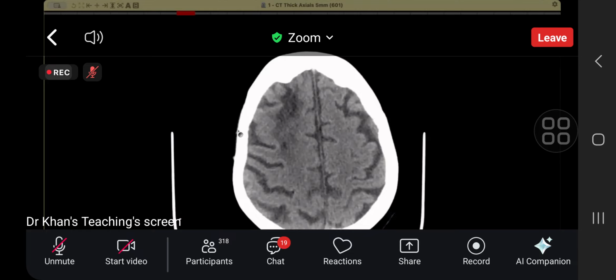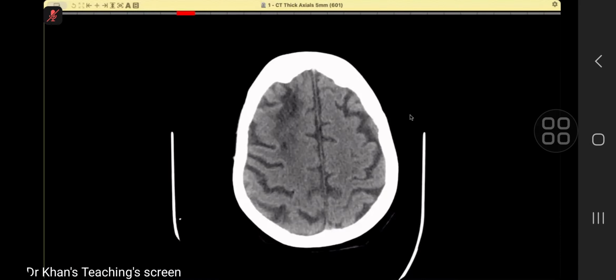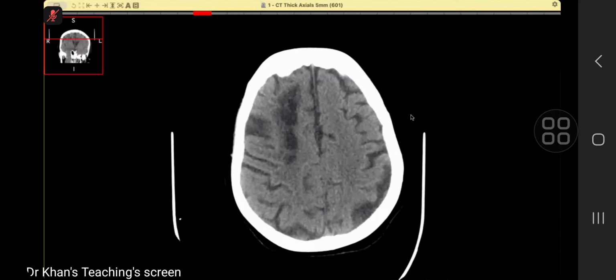Okay, so this is a 72-year-old patient with previous right-sided stroke. Sir, I couldn't see the case. Okay, just 1 second. Now you can see. Sir, first, can I ask a request?